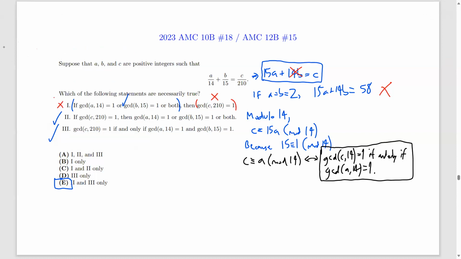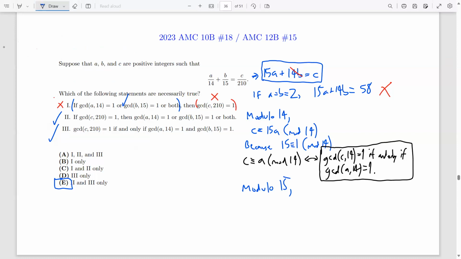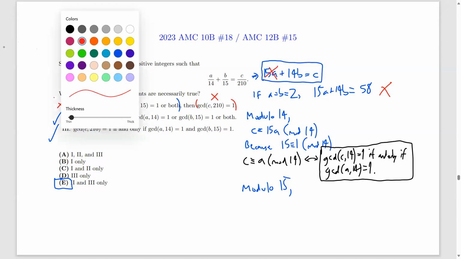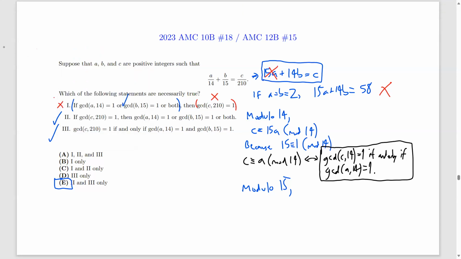Now let's take the equation modulo 15 to obtain a similar statement about b. So modulo 15, we see that the 15a term cancels out, and we are left with c is congruent to 14b mod 15.